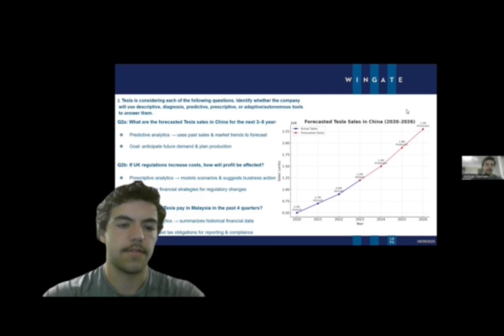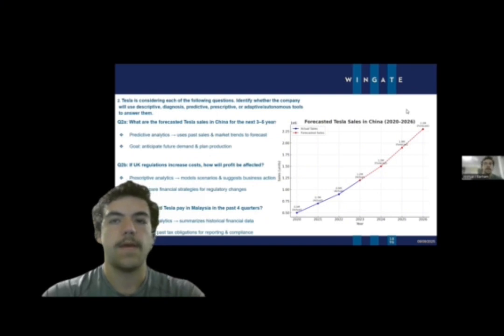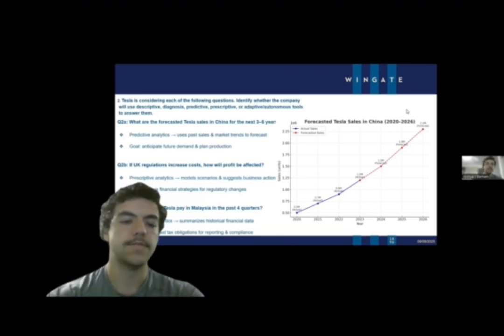We're looking at something that may happen in the future based off a certain scenario, and you have to decide what to do and figure out how to best solve that problem. In order to do this, Tesla would need to look at past and current data to come up with a solution to figure out what needs to be done about the increased costs that may happen in the future. And the goal would be to prepare the finances for this.